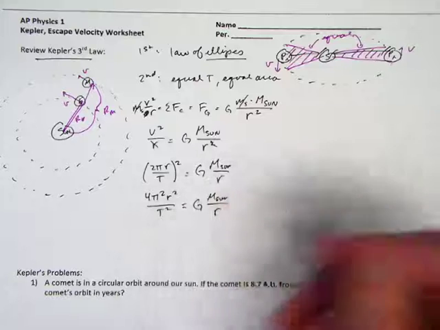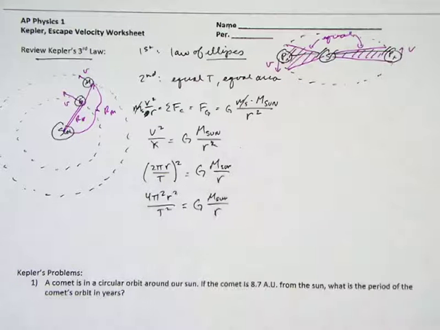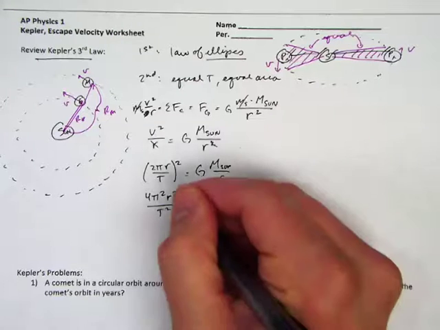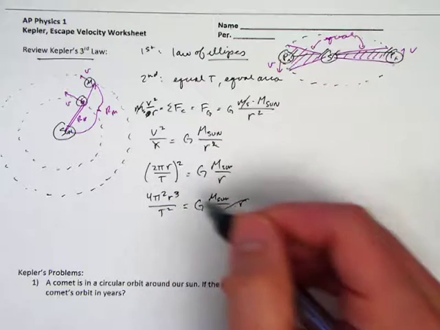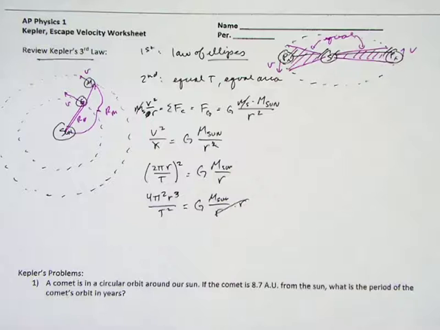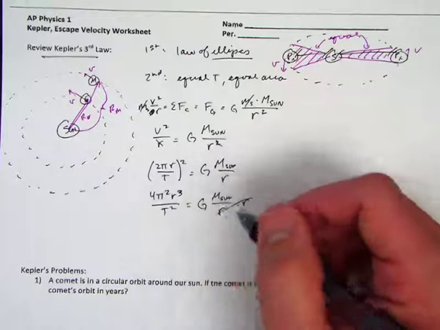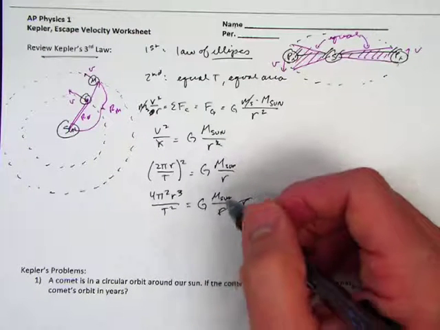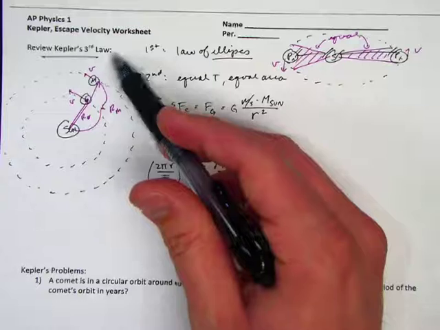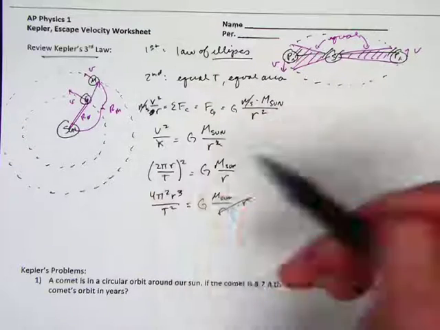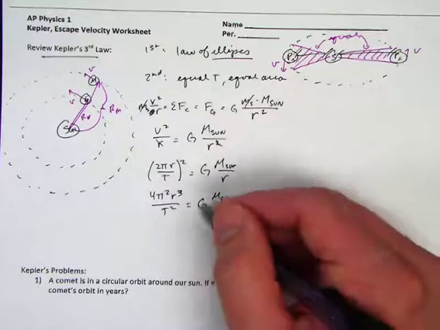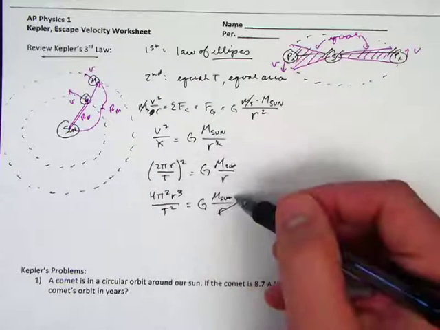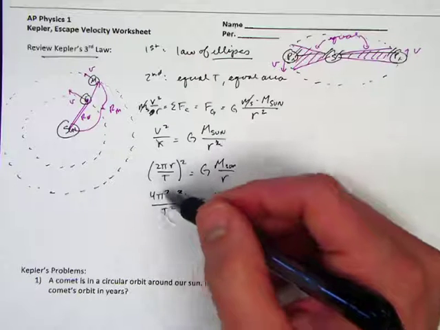And then let's get all the like variables to one side. More specifically, with the r, the like variables, so this becomes r cubed. But let's get all the constants to one side. So what are the variables that are going to be constant no matter what satellite it is, no matter what planet it is? No matter what planet it is, the gravitational constant doesn't change, the mass of the sun doesn't change, 4 pi squared doesn't change.